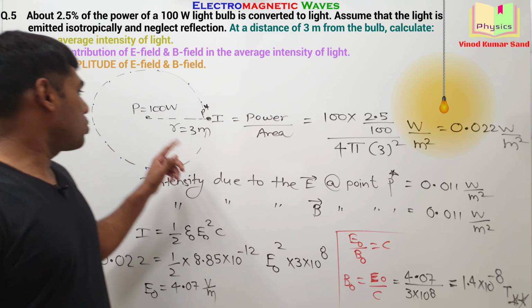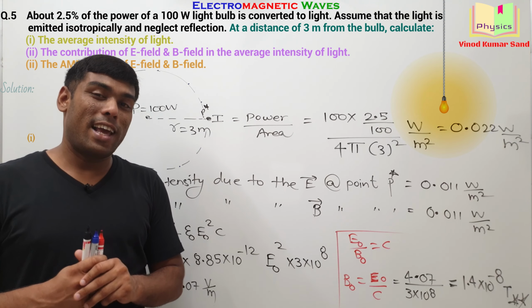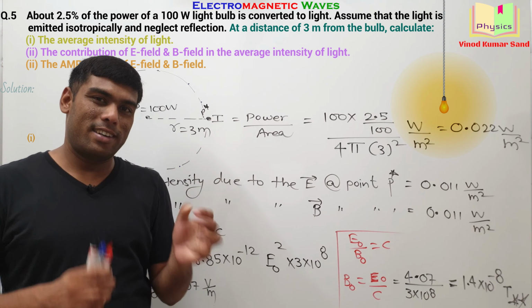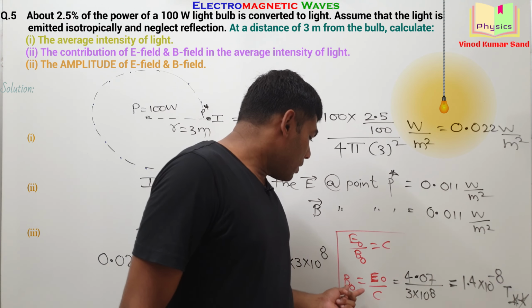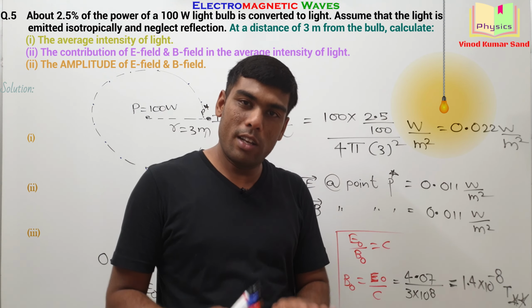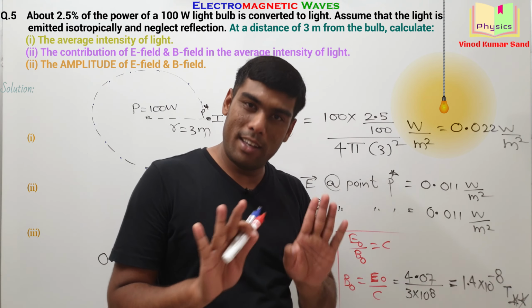When you switch on the study lamp or a bulb, do you feel any magnetic effects around the bulb? The oil pin gets attracted, any iron piece gets attracted? No. Actually, the amplitude of the magnetic field is very small. So you don't feel any magnetic effects.